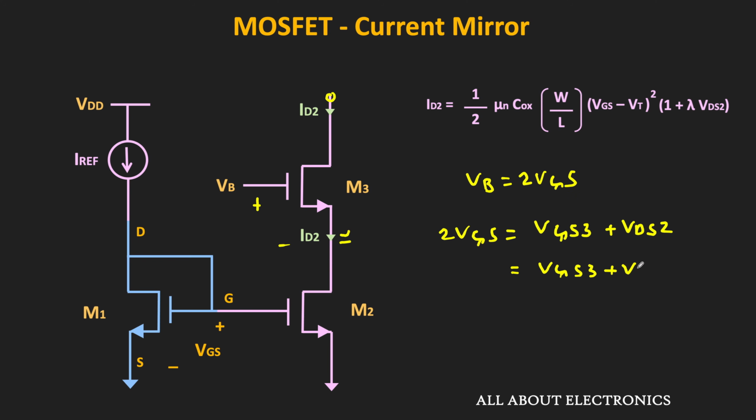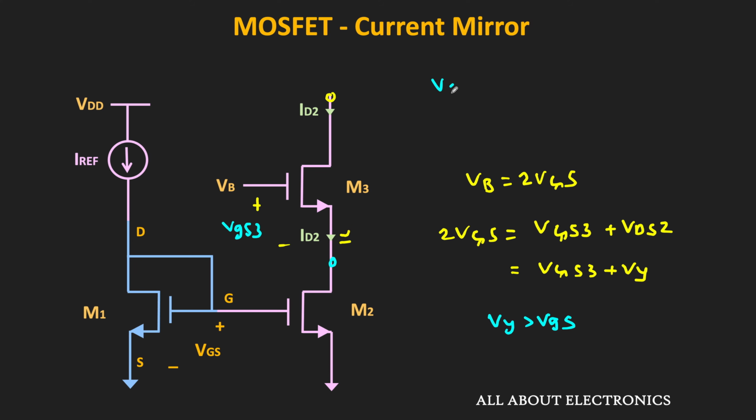or we can say that it is equal to VGS3 plus Vy. Now if the voltage at this end is slightly greater than VGS, in that case this drain current ID2 will be more than I reference, right? That means whenever this Vy is greater than VGS, then this drain current ID2 will increase.